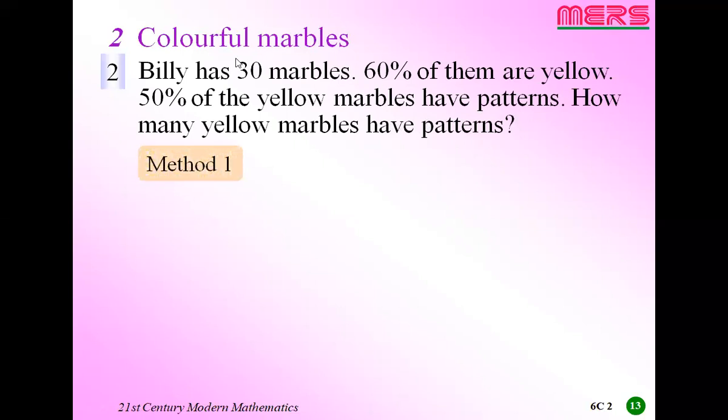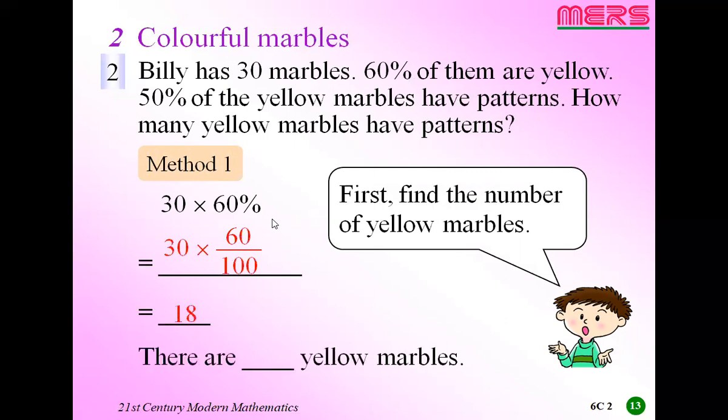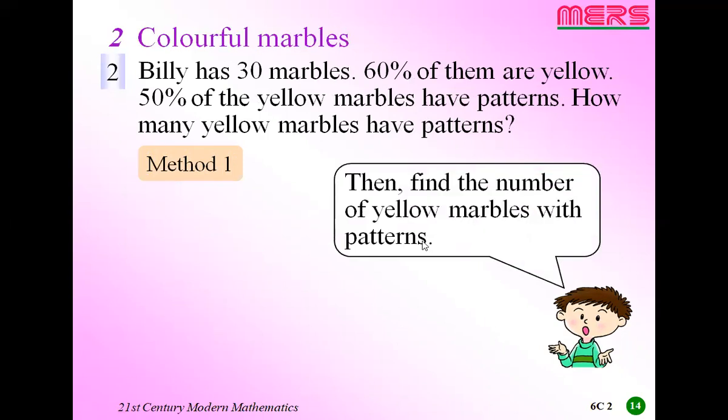Use the total number of marbles. 60% of them, this then means 30 marbles. So use 30 times 60%, which we find is 18 yellow marbles. Okay, so in the 30 marbles, 18 of them are yellow. And then in those 18 yellow marbles, 50% of them have patterns.